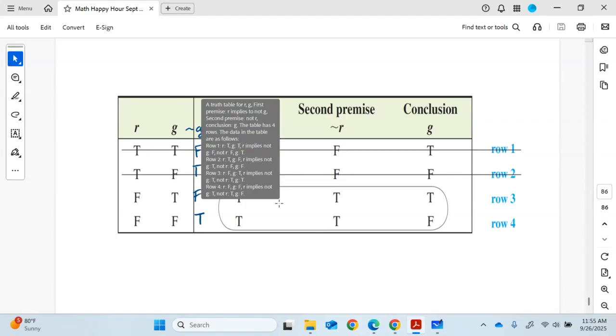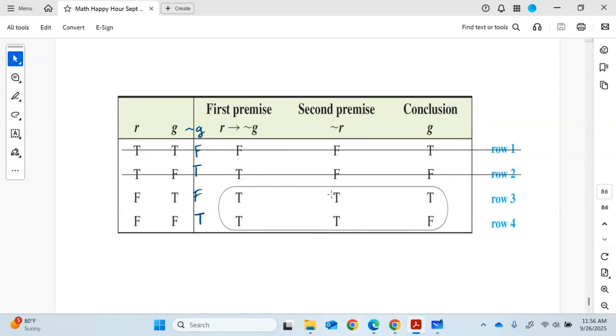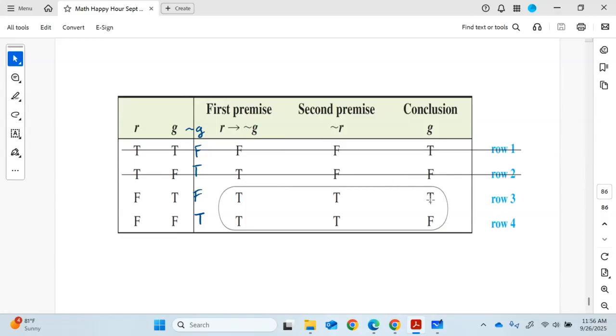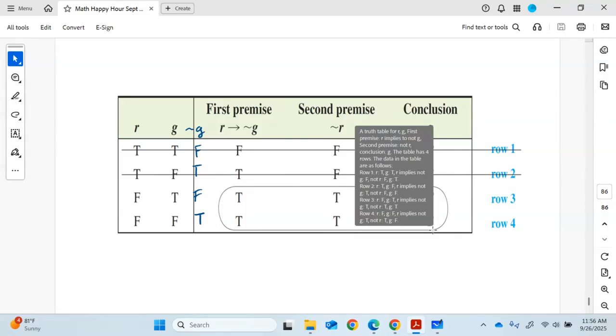So basically, I'm looking for all truths. If I have truths to the left, my conclusion has to have a truth. Row number 3 would be good, since the conclusion is true. But notice that in row number 4, both premises are true, but the conclusion is actually false.